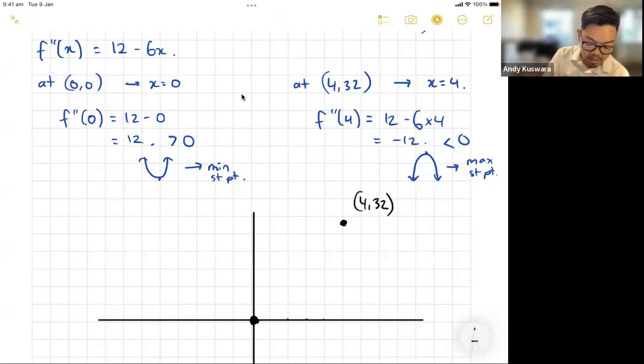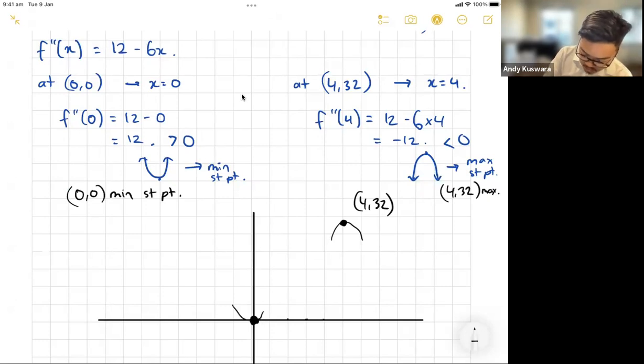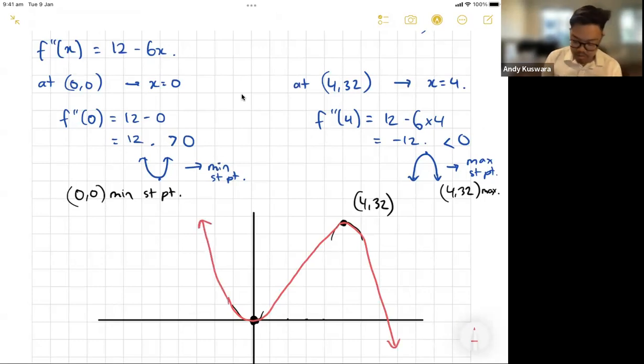Now, I do need to understand that at 0, 0, I figured out before that was a min stationary point, whereas 4, 32 was a max. So I draw that in. I know it's going to look somewhat like this, and boom, there's your sketch.